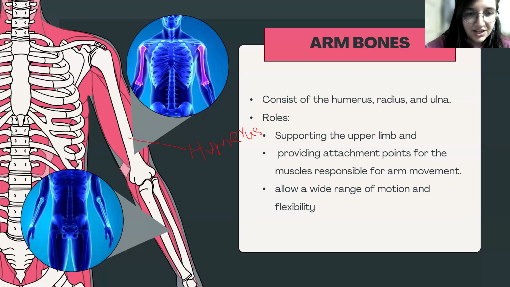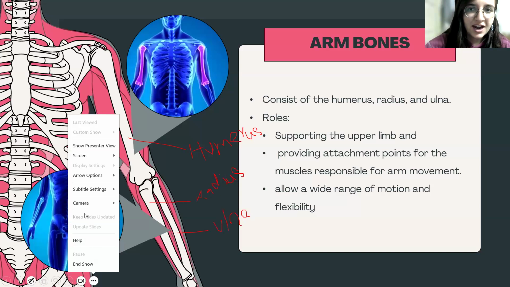And this part here, the one that's connecting with the thumb, is the radius. And the one next to the radius, this one is the ulna, U-L-N-A.